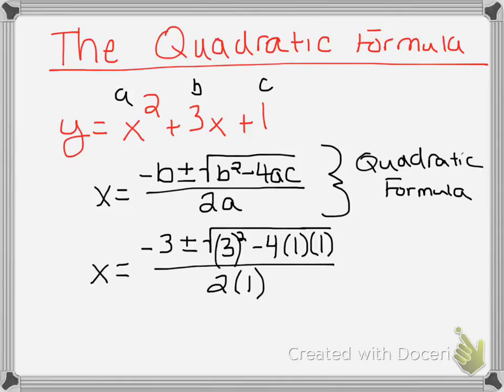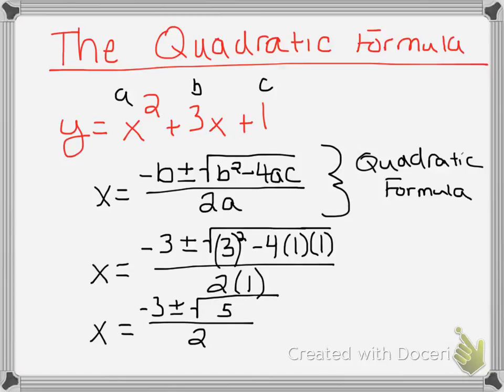So now we calculate what's underneath the square root, and get negative 3 plus or minus the square root of 3 squared is 9, minus 4 is 5, over 2.